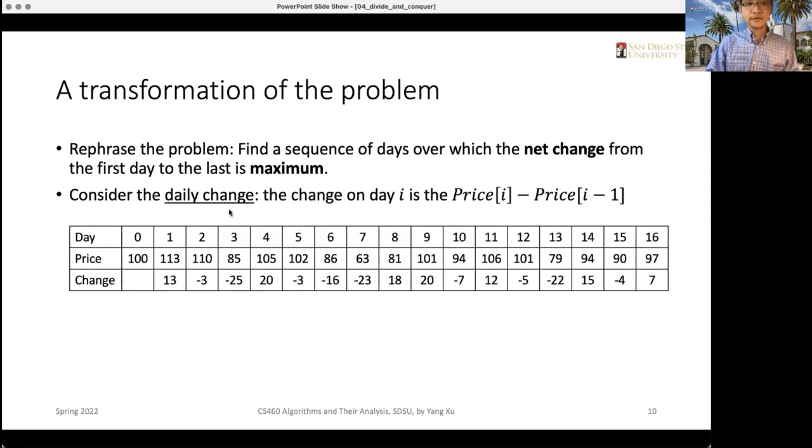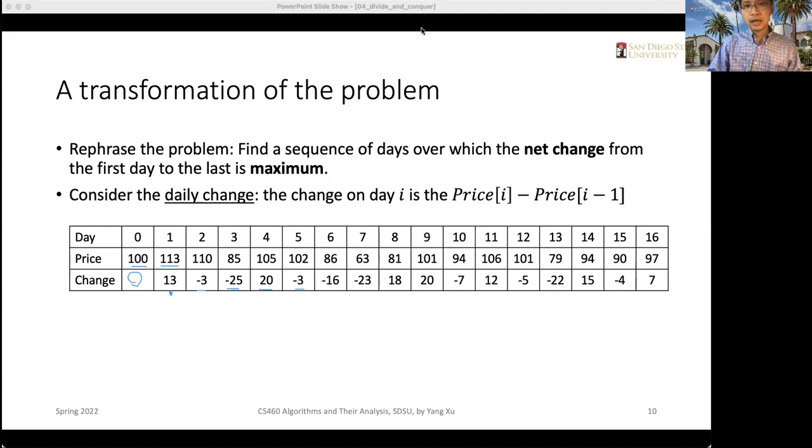Given the table, we can attach an additional row, which is the daily change value. The daily change for day 0 is unavailable because that's our first element, and the daily change for day 1 is 113 minus the previous price. That's how we get all those daily changes. Sometimes the daily change can be negative.